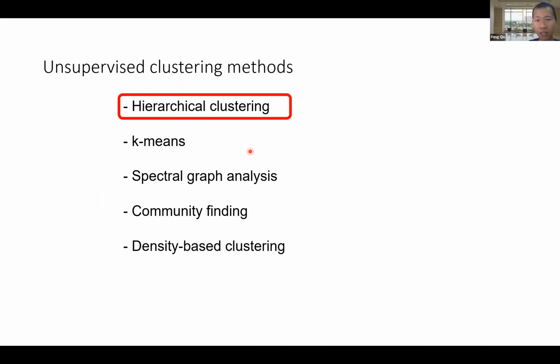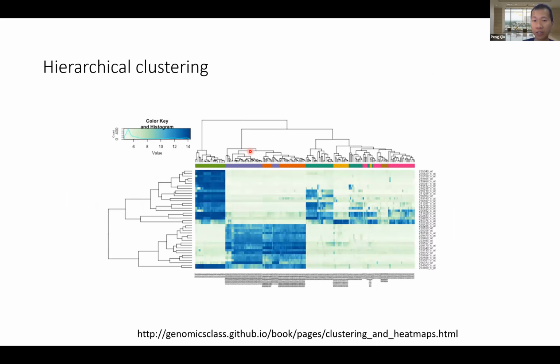Hierarchical clustering is, arguably, the most popular clustering algorithm that has been applied to gene expression data analysis. Here is a random heat map that I grabbed from a Google search, a gene expression data matrix where each row is a gene or an Affymetrix probe, and each column is a sample. These rows and columns are organized by hierarchical clustering.